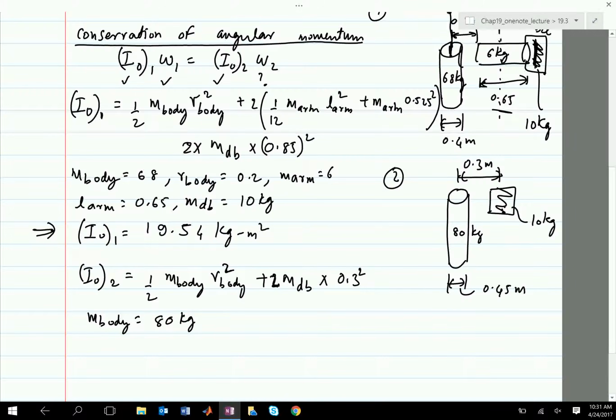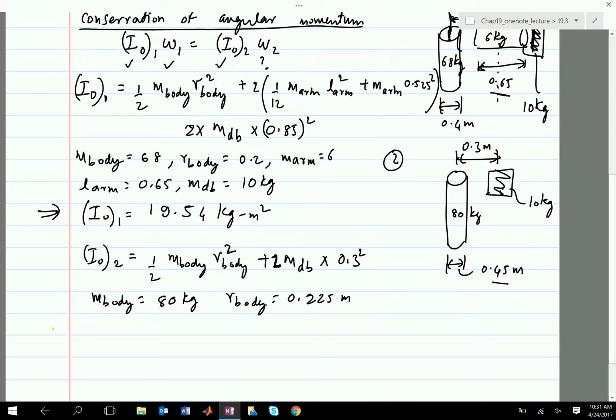It's not 68. R body is half of 0.45. It's 0.225 meters. So it's not the same as over here. So IO2 comes out to be, I get 3.825.